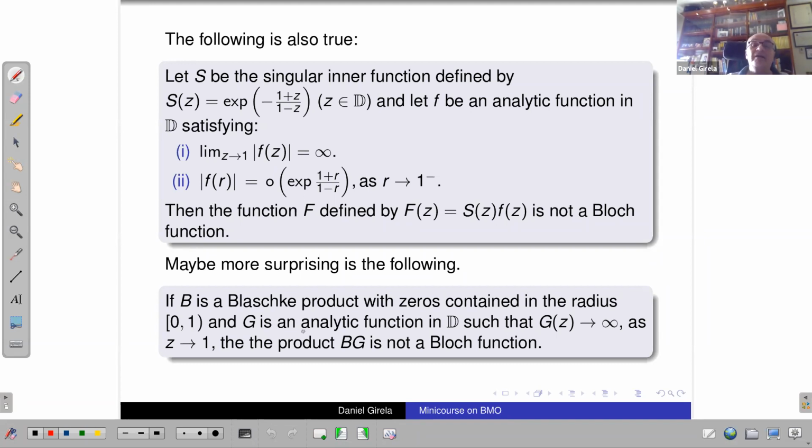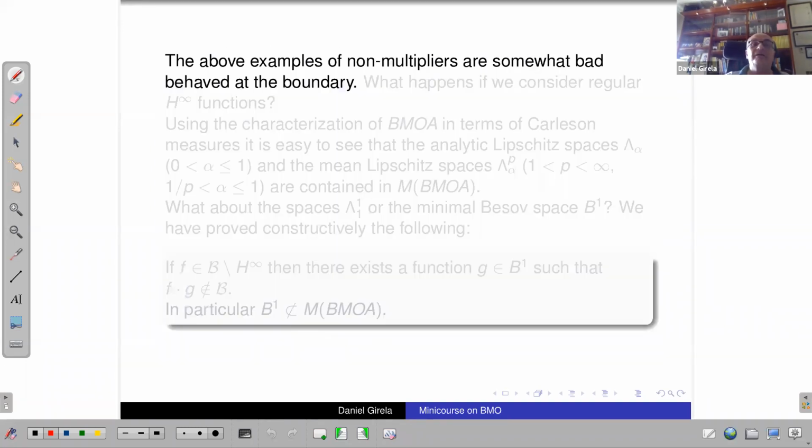They are, let's say, badly behaved in the boundary. So these examples that I have given so far are somewhat badly behaved on the boundary. They have some singularity. Either there is some sequence of zeros, which of course tends to the boundary, or this singular inner function also has some singularity in the boundary.